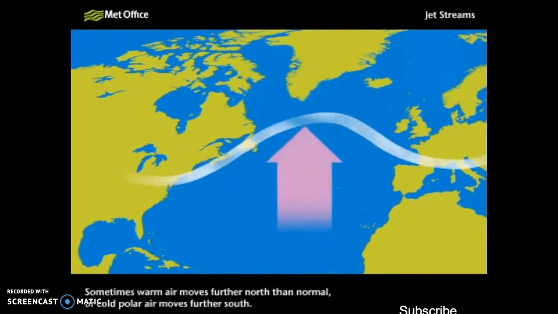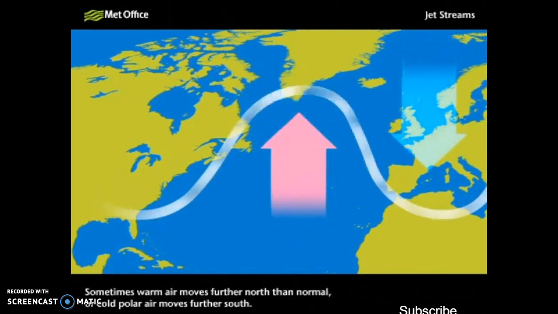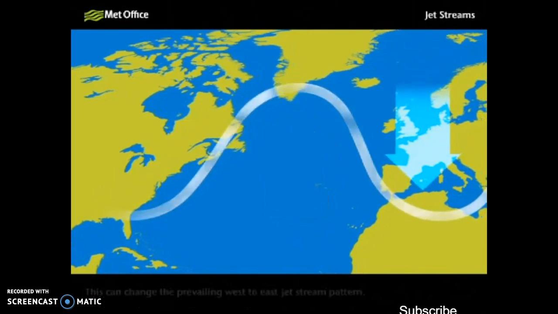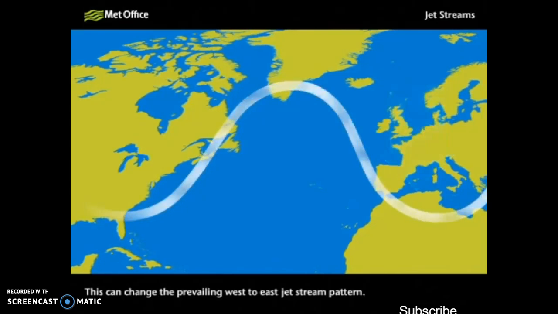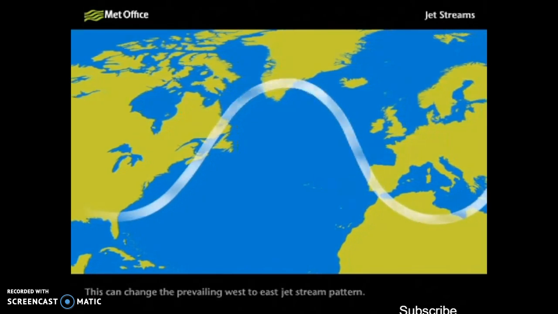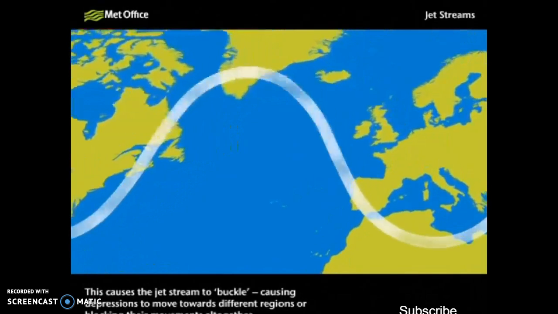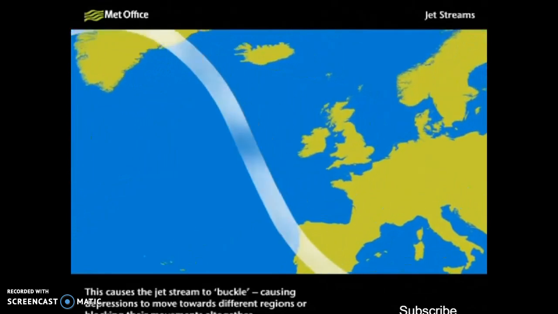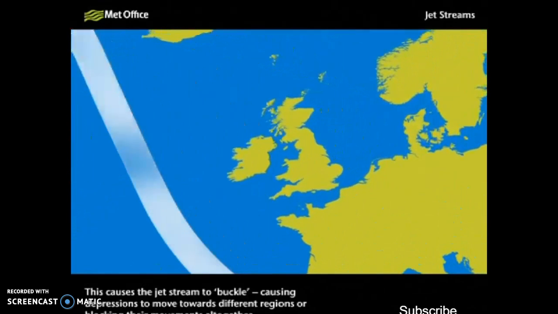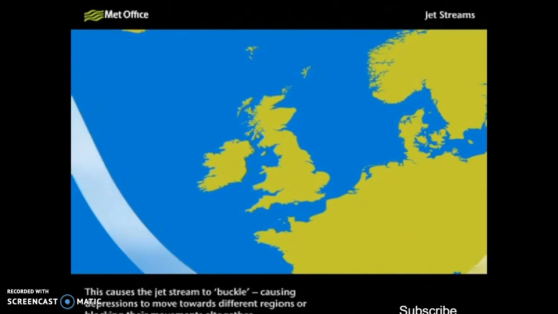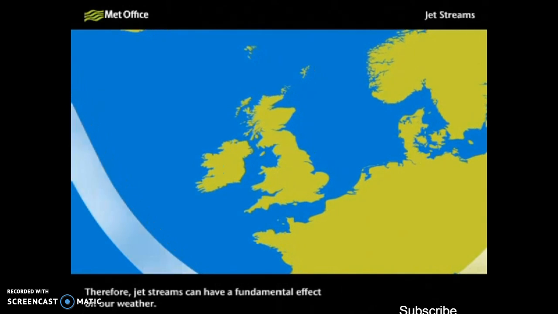Sometimes warm air moves further north than normal, or cold polar air moves further south. This can change the prevailing west to east jet stream pattern. This causes the jet stream to buckle, causing depressions to move towards different regions or blocking their movements altogether. Therefore, jet streams can have a fundamental effect on our weather.